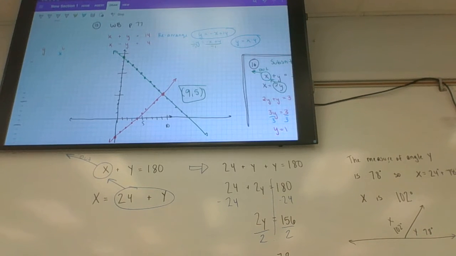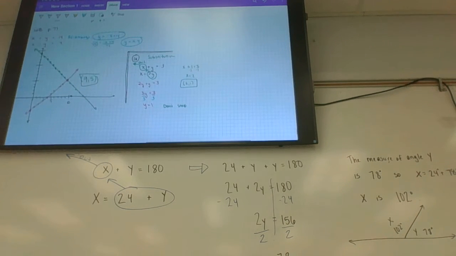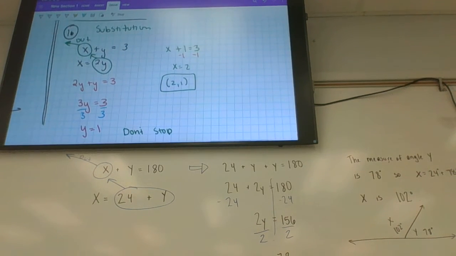Okay, I'm gonna head to number 16. What page is this again? I don't want to sit here too long, and then I'm gonna go to 17.